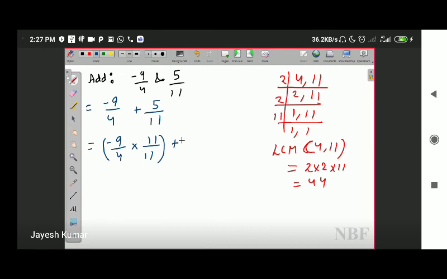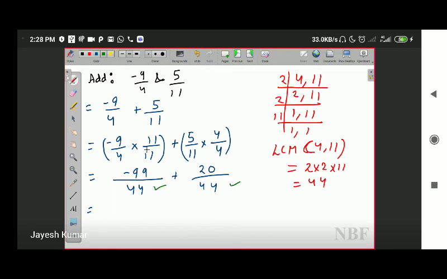In the same manner, for the second term, if denominator is multiplied by 4, so that the resultant is 44, numerator is also multiplied with 4. So denominator here will be 44, no need to calculate, and numerator will be 99. Similarly, for the second term also, denominator will be 44 and numerator will be 20. So once again, now denominators of both the terms are same.